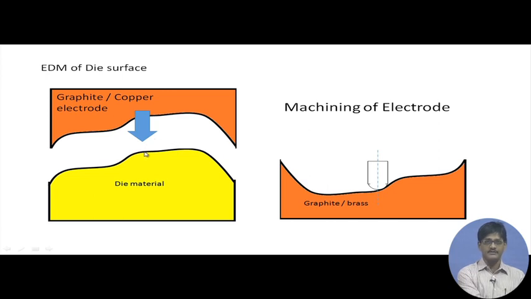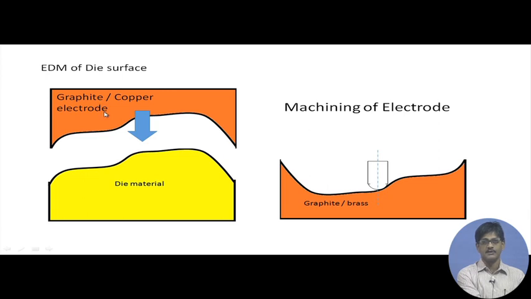So, instead of incurring heavy tooling costs in case of 3-dimensional machining by conventional machining, by which I mean removing material from a softer part with the help of a sharp edge, we are employing electrical discharge machining in the die sinking mode and getting the shape on the die material with the help of a copper or graphite electrode.